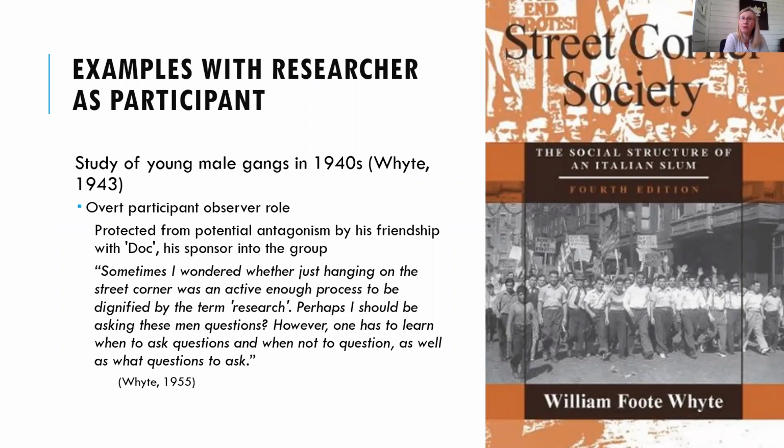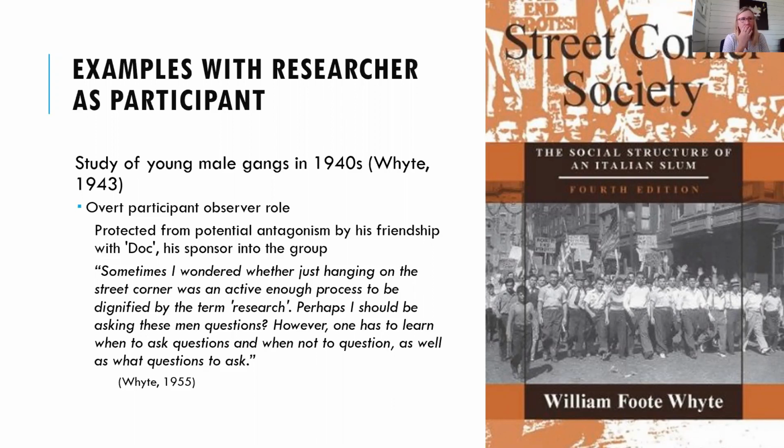Now, what about an example of a researcher as a participant? Well, one of the most famous studies was looking at a group of young boys, sort of the beginnings of youth gangs in America in the 1940s. A researcher named William White took an overt participant observer role.